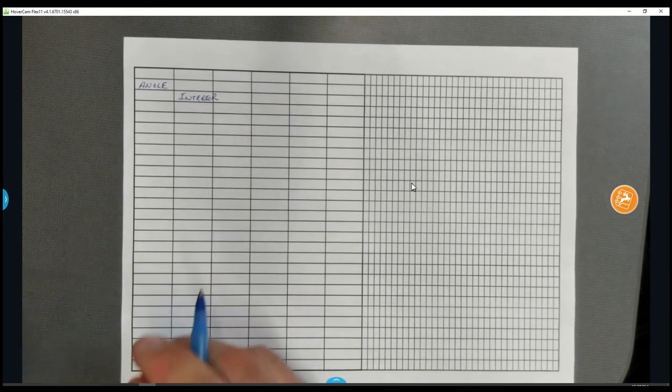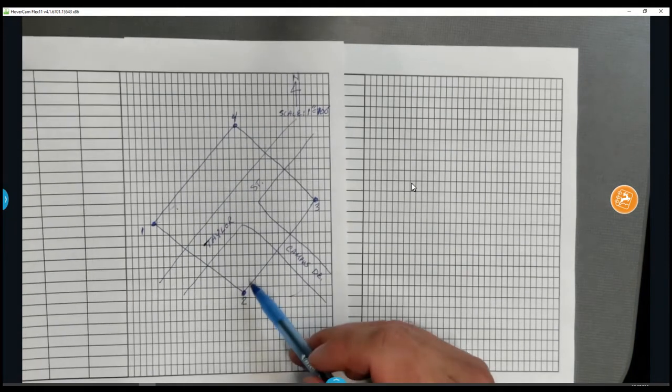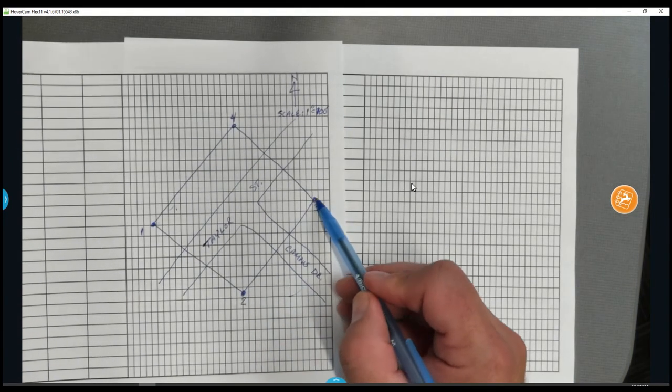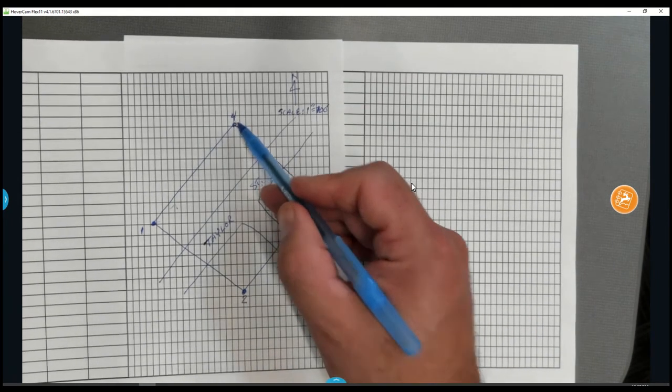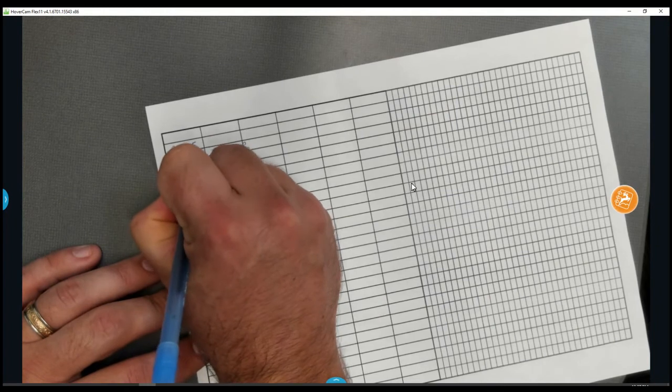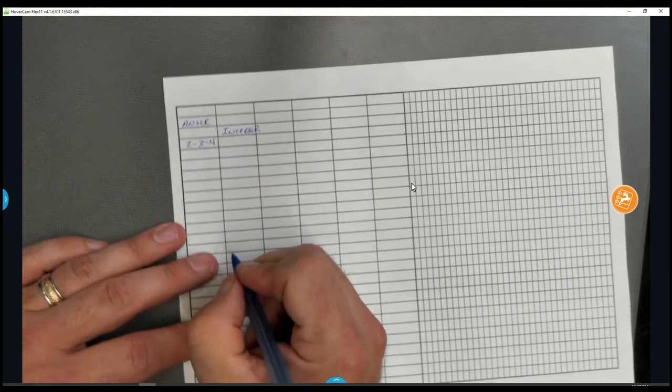And this time, if we look at our sketch, you don't have to make the sketch on the next page. We're actually going to be backsighting 2, occupying 3, foresighting 4. So our angle is going to be 2-3-4. Okay?